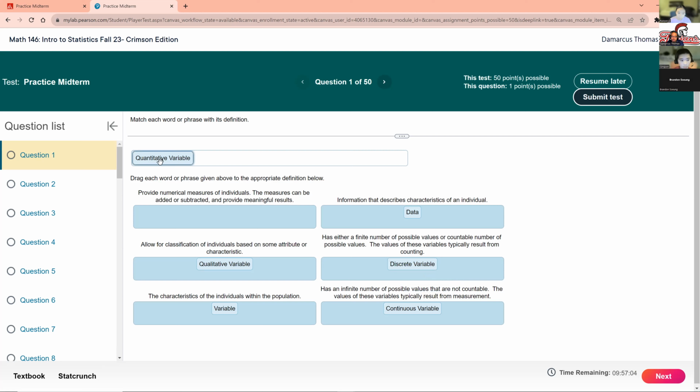And then quantitative. Yeah, I think that's it. Okay. Yeah, I think so too. I wasn't quite sure, but I'm just going to hit next.